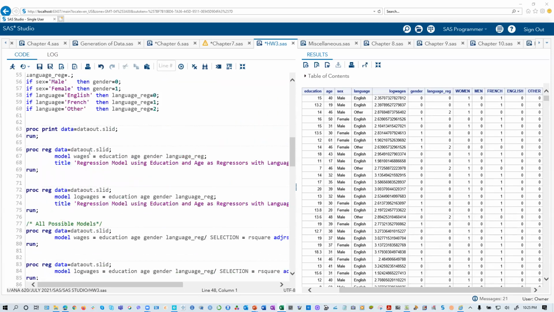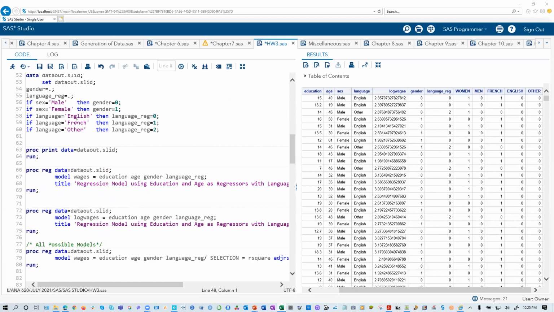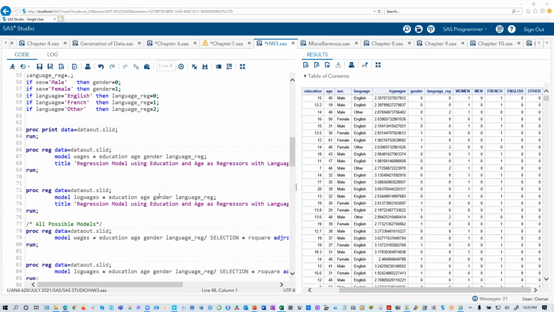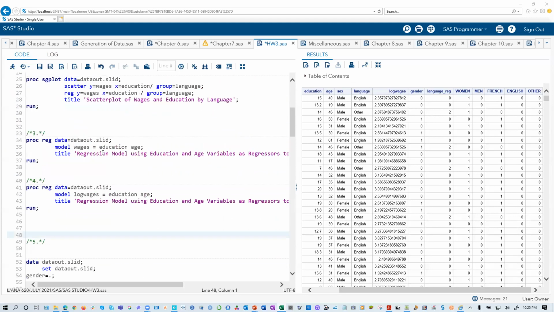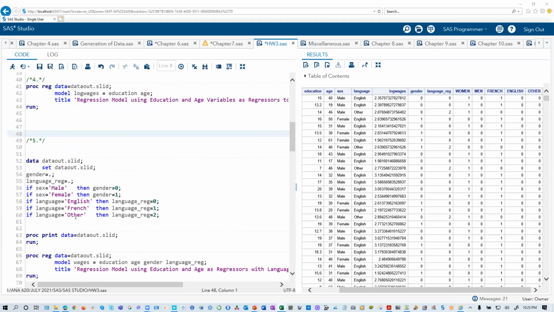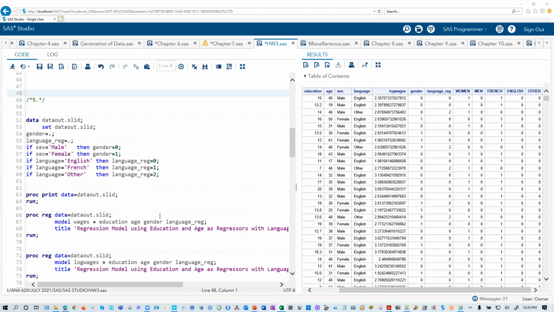But here simply we say add these two to the regression calculation. I cannot do the regression calculation as they are. What I did was assign the numbers for them, 0, 1, 2. And then I simply call the new variable gender, and then they have numbers now.